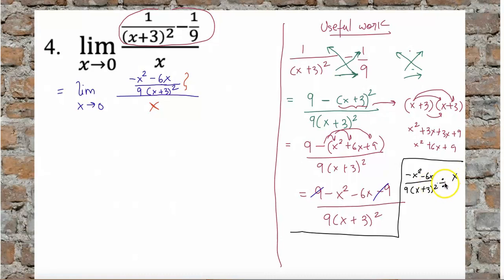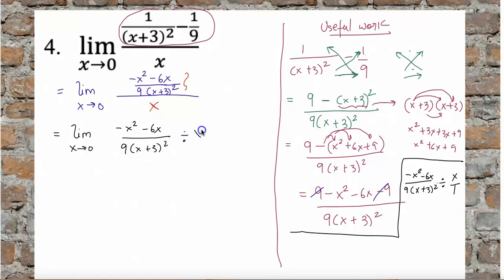X. I will change it to multiply and flip it and all those things will happen. So I'm writing the next step over here. Limit x approaches 0, negative x square minus 6x divided by 9 times x plus 3 whole square divided by x.